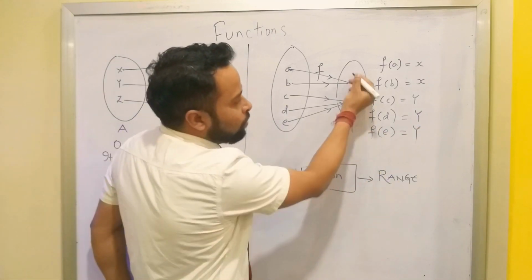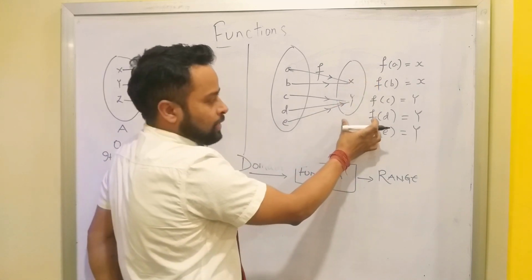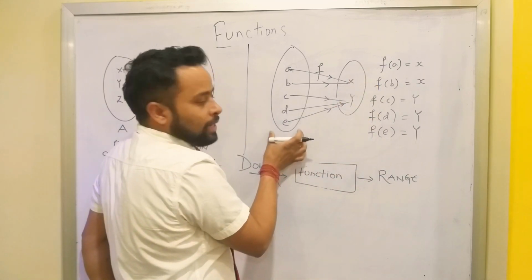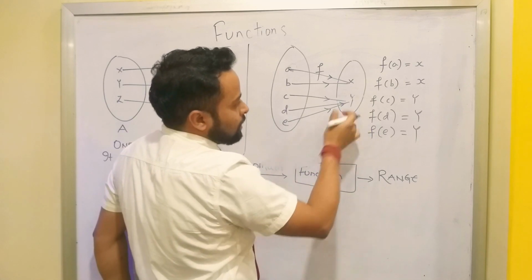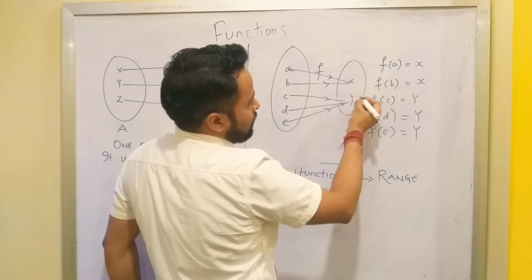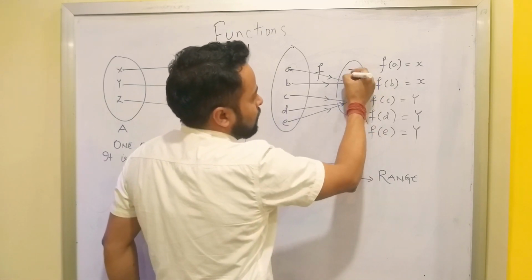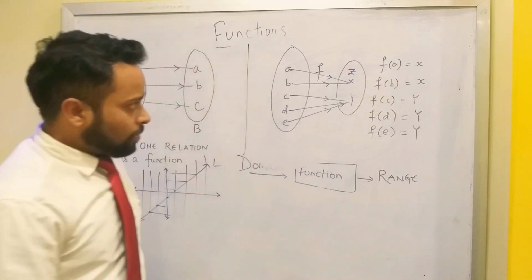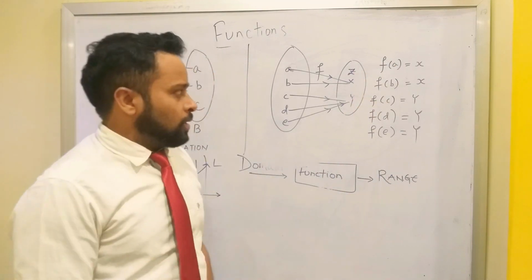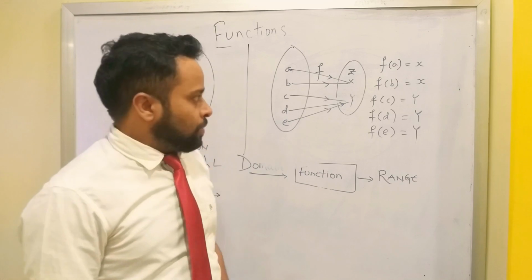Suppose there is one more element in the codomain set. This is the codomain set. This is the domain set. In the codomain set, say there is one more element. Elements are x, y, and z. Z is not mapped. No issues. Z is not mapped.